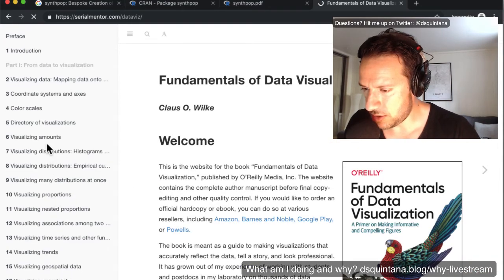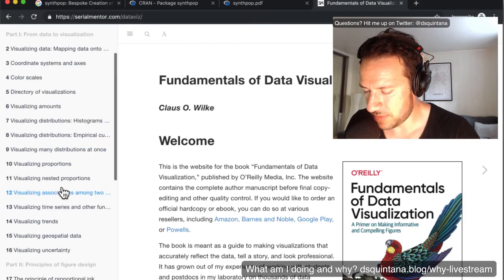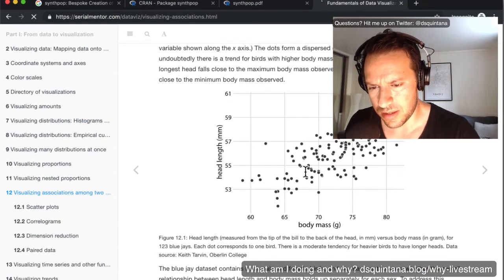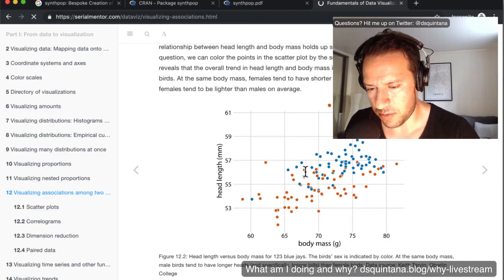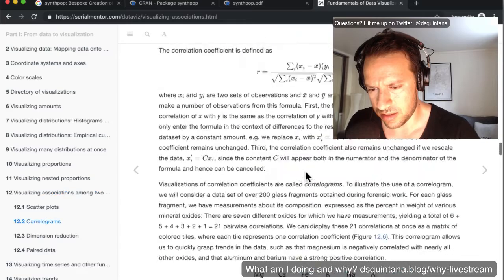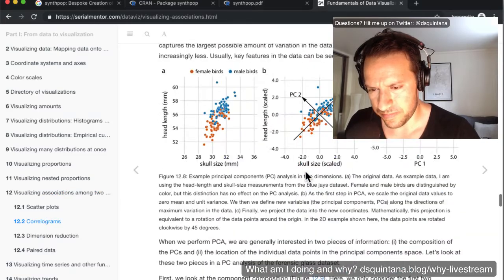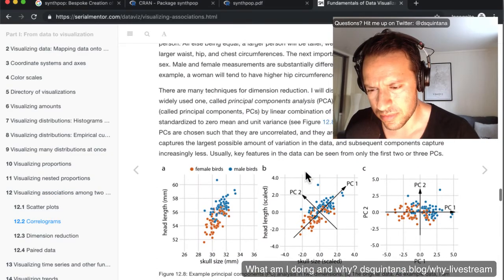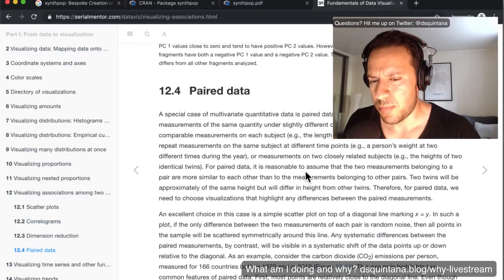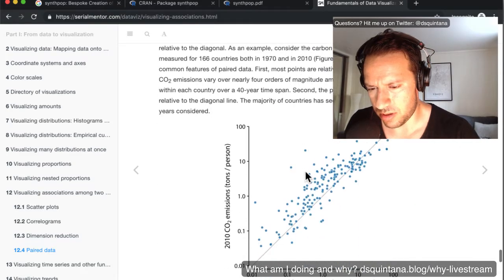Visualizing relationships. Associations among two. Scatterplots. That's exactly what we want, but let's see if we can... Paired data. Oh.